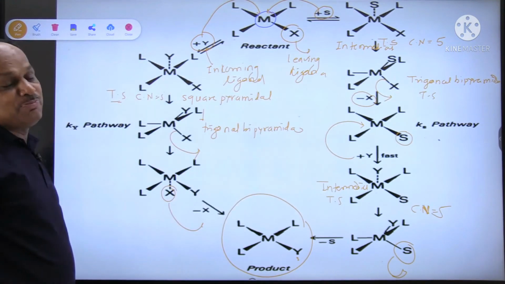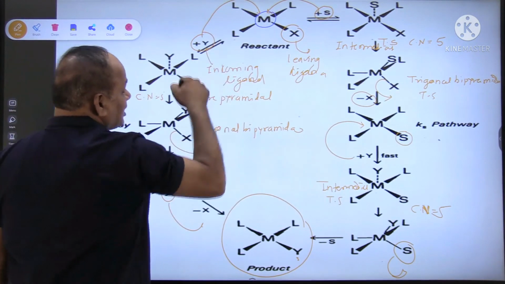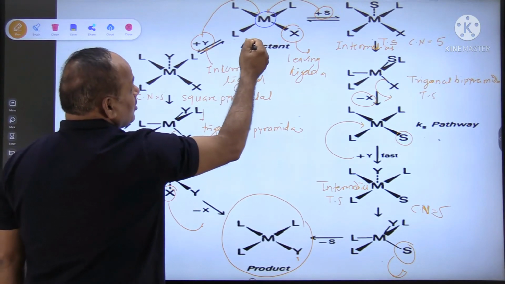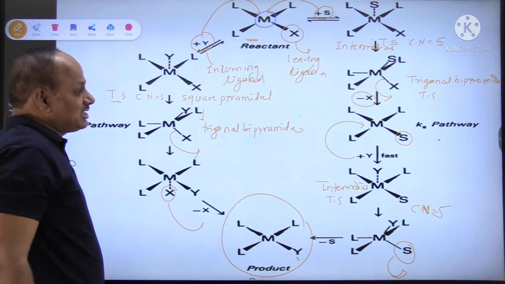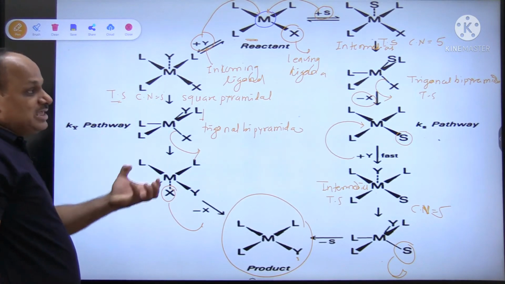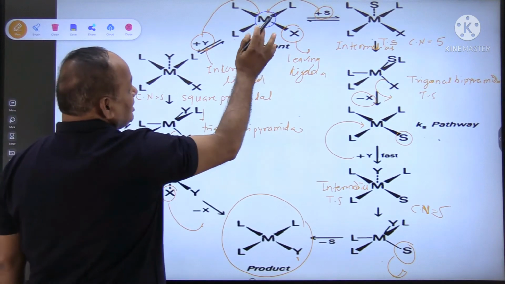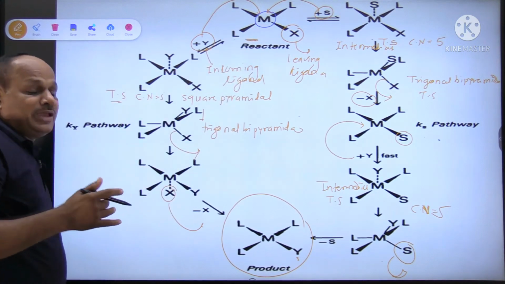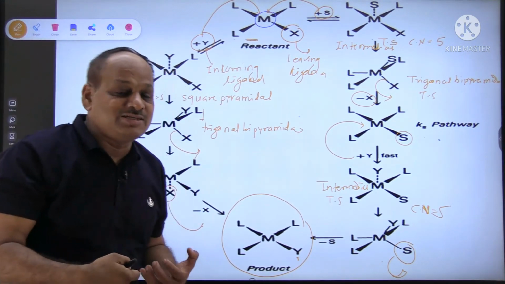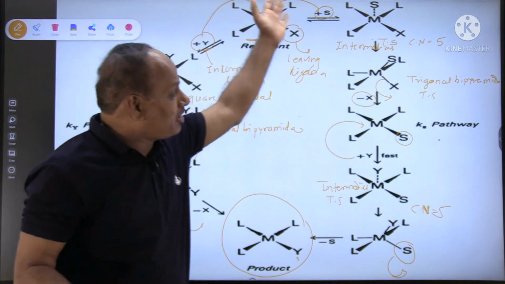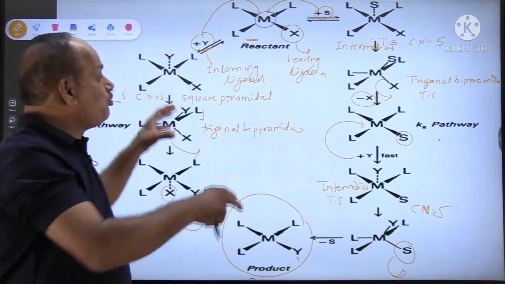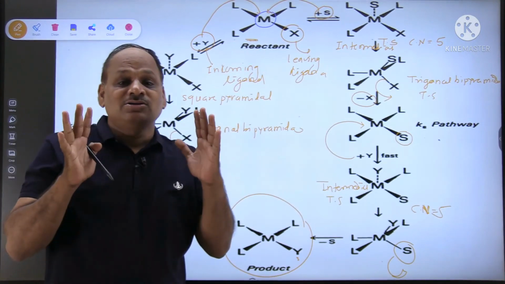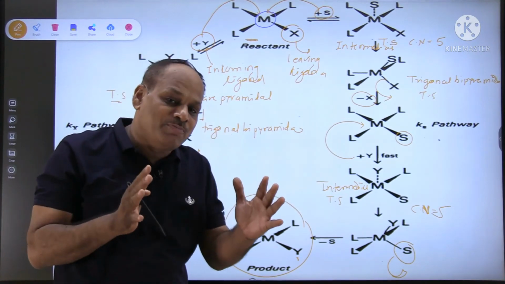In the second path, the rate of the reaction depends upon the concentration of the reactant and the incoming nucleophile, that is the incoming ligand, and therefore the second pathway is a second order reaction, and for the solvent pathway the order of reaction is first order, and both pathways show the associative mechanism.